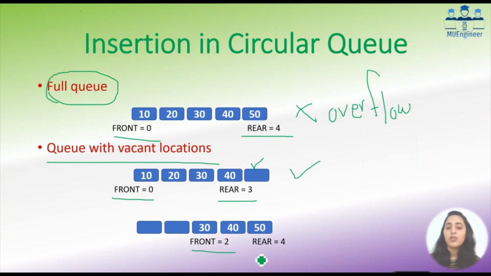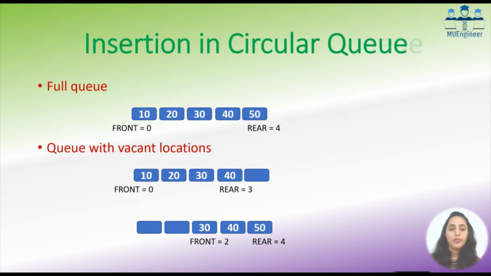For example, if my front is 2 and rear is 4, rear is max minus 1, my max is 5, and my front is not at 0, meaning two locations ahead are empty. So if I now make rear 0, rear starts here, then I can add a new value 60 at this particular block. That means these are the two conditions where I can say my queue has some vacant locations. Okay, I hope this is clear. These are the conditions we check when we want to insert a new item in a circular queue.